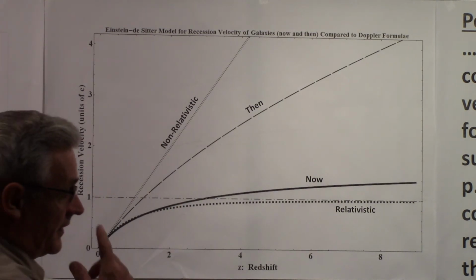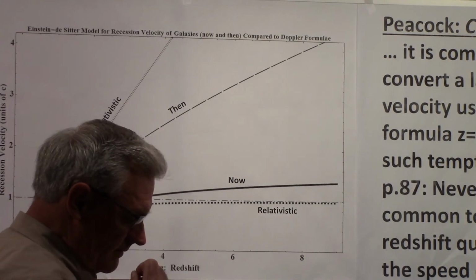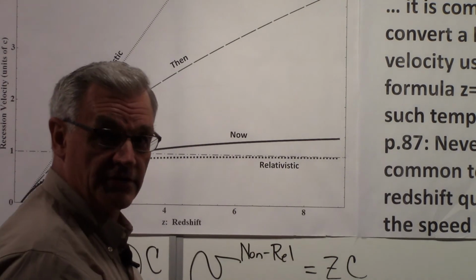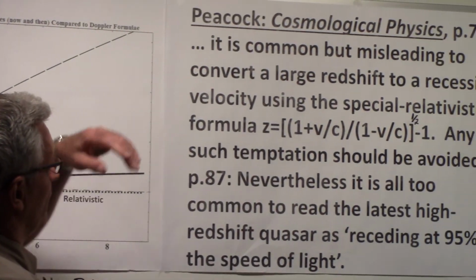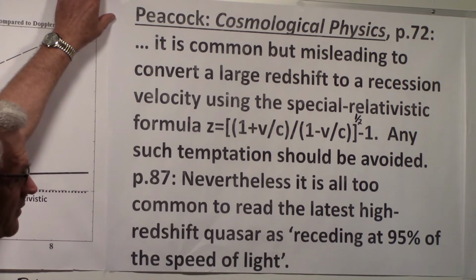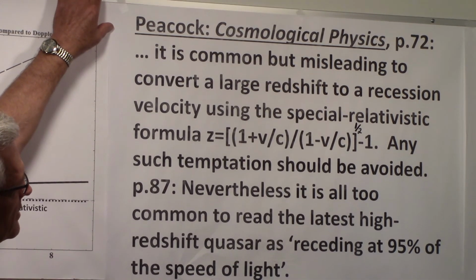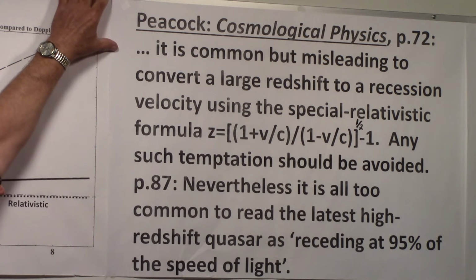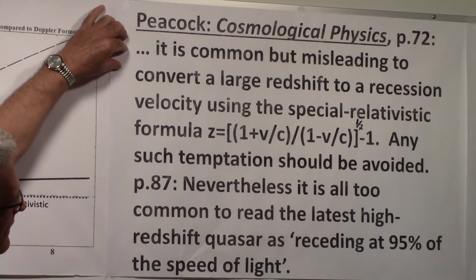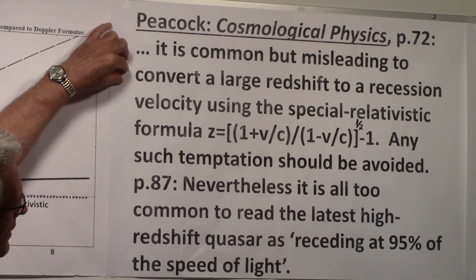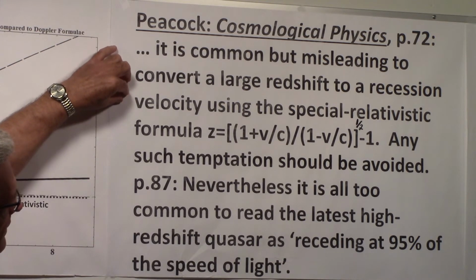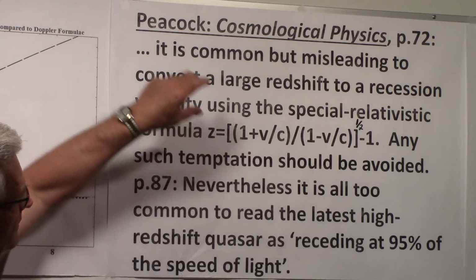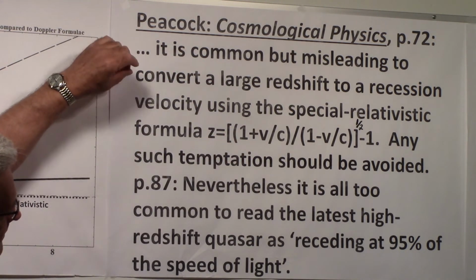So the point is, cosmological redshift is not Doppler shift. In the book by Peacock called Cosmological Physics, on page 72, he says, it is common but misleading to convert a large redshift to a recession velocity using the Special Relativistic Formula, which is a slightly different version than what we use, but it's the same.